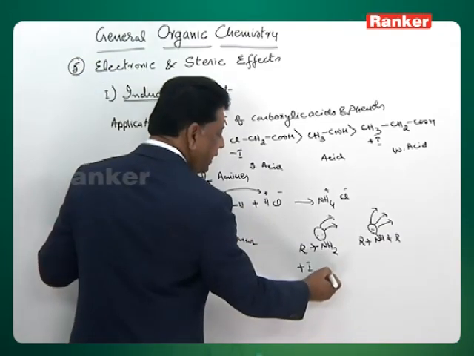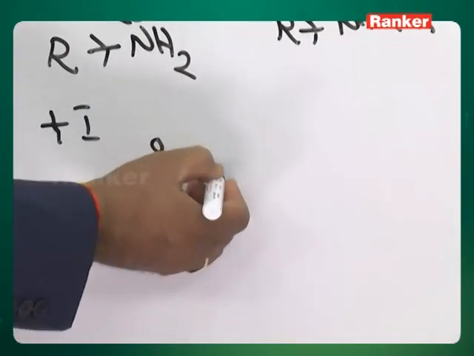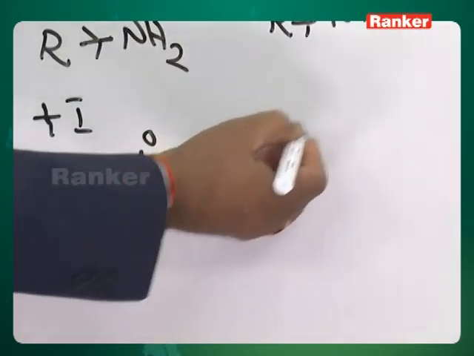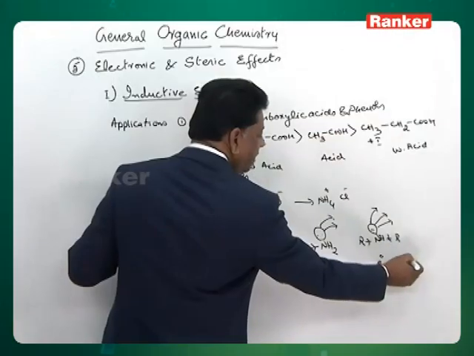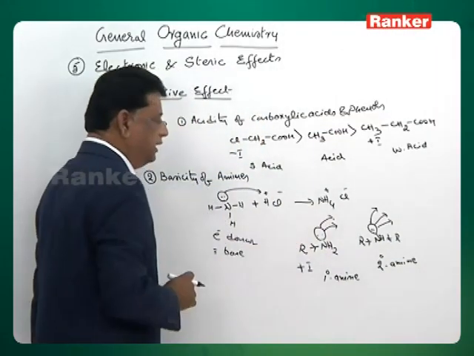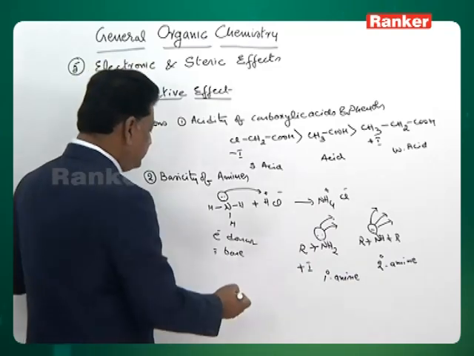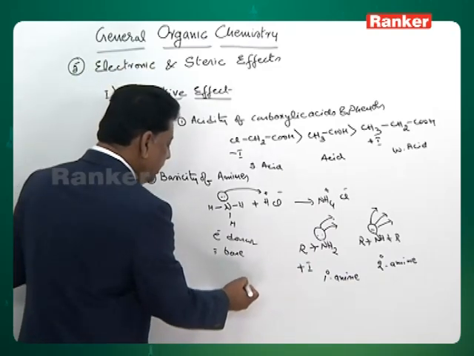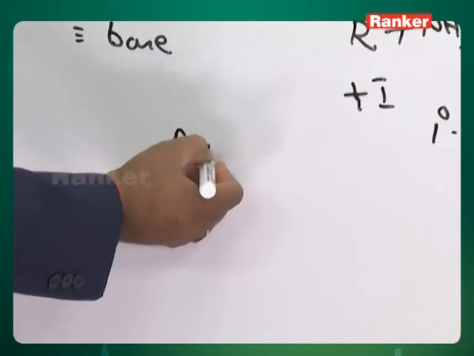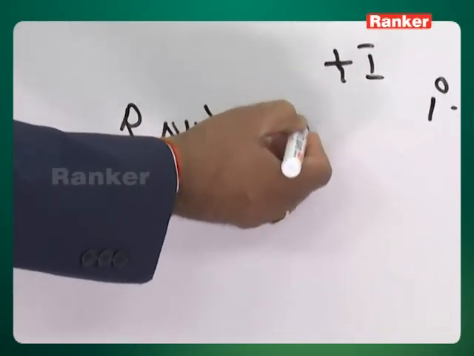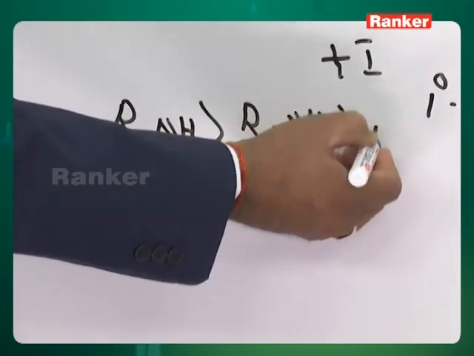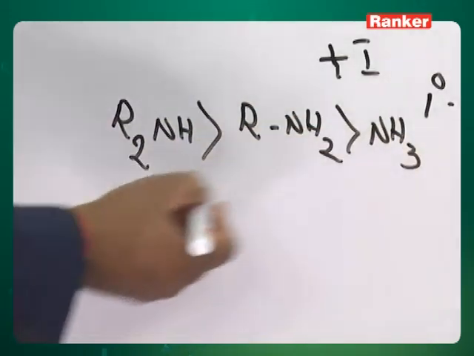This is called 1 degree, that is primary amine. This is called 2 degree or secondary amine. So, we have a general statement, leaving aside the alkyl nature: 2 degree amines, R2NH, are found to be more basic than RNH2, which is found to be more basic than ammonia. This is a general statement.